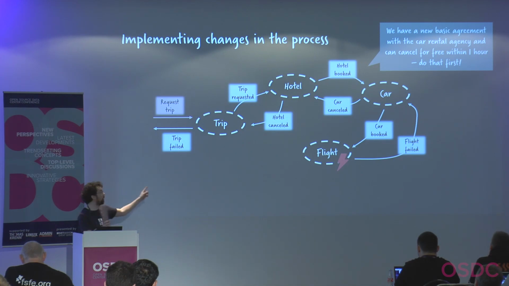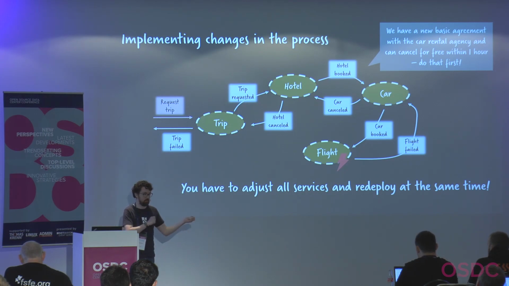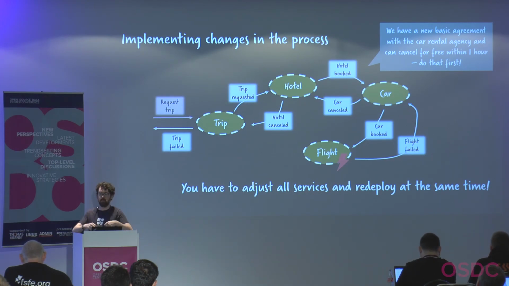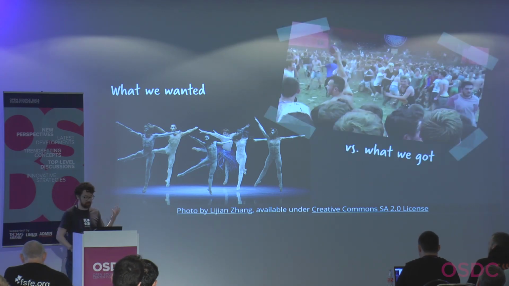But if we wanted to flip hotel and car, we basically need to change absolutely everything, because everything then needs to change the order in which it sends a message. Any change is going to affect what happens before and after it. So what we tend to expect is something like this. It sometimes gets a little bit crazy.